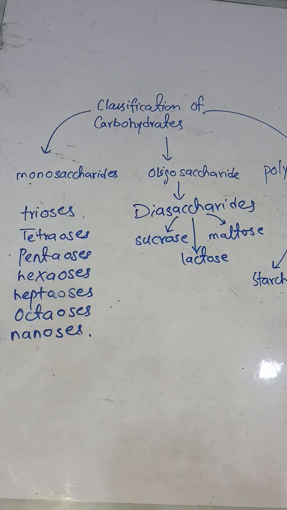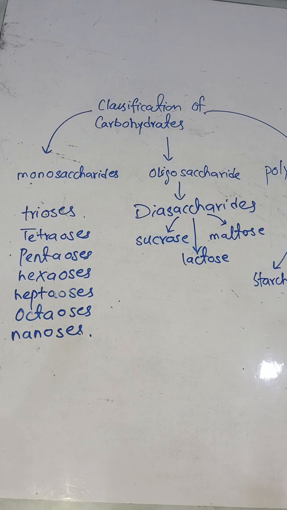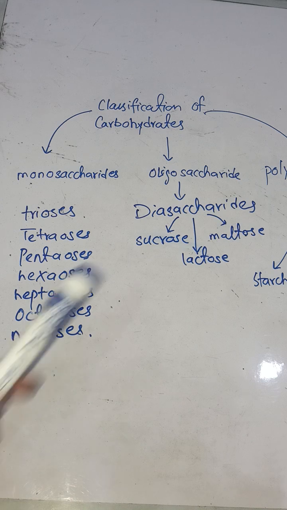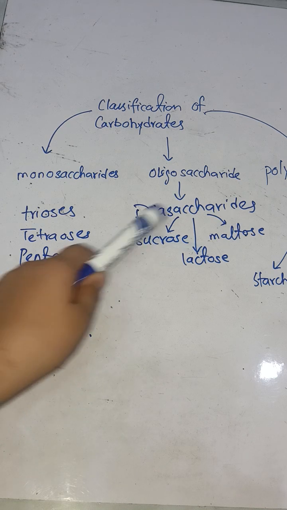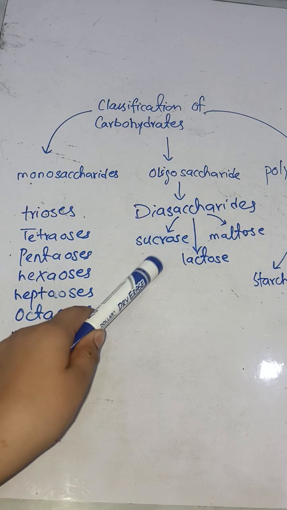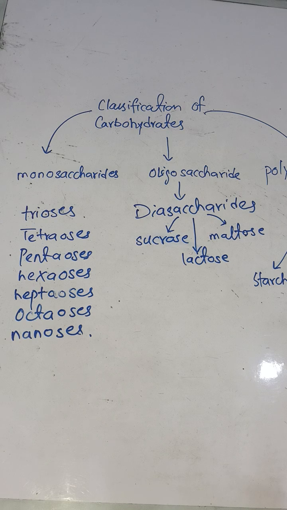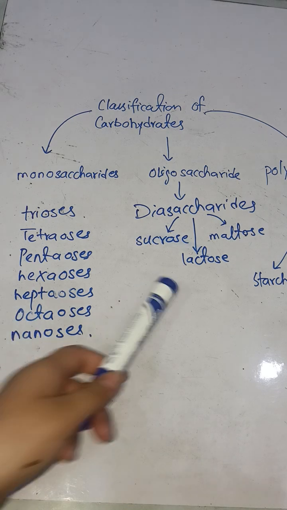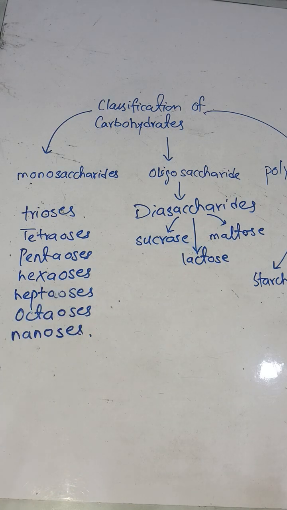Oligosaccharides contain 2 to 9 sugar units, and one type is called disaccharides. Disaccharides are sugars which contain two sugar units; di means 2 and saccharide means sugar, like sucrose. It contains two sugar units, glucose and fructose. Lactose and maltose also contain two sugar units.